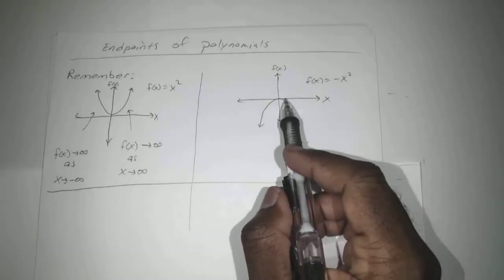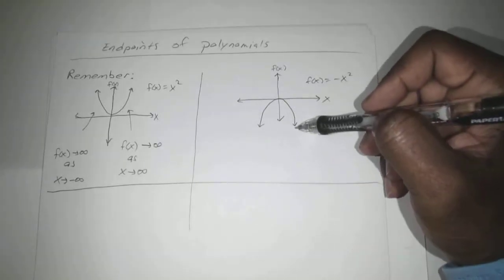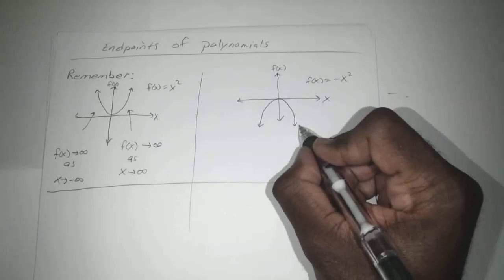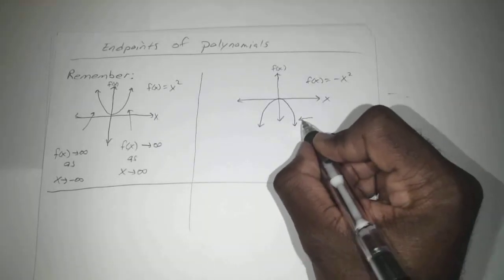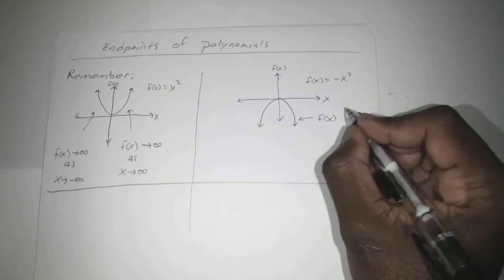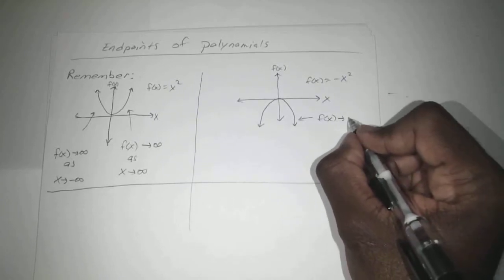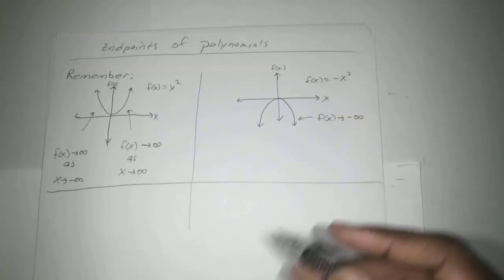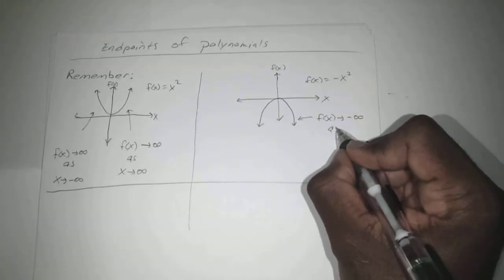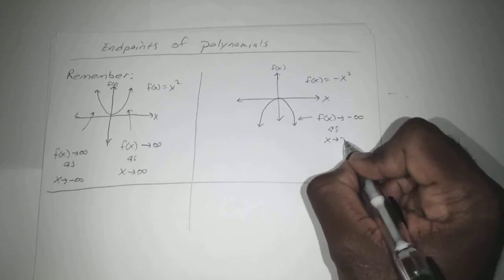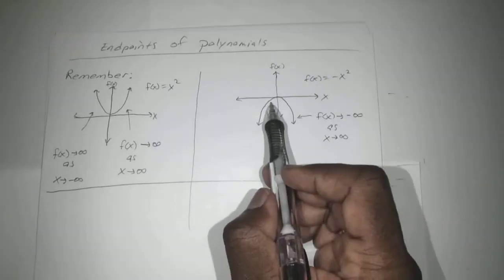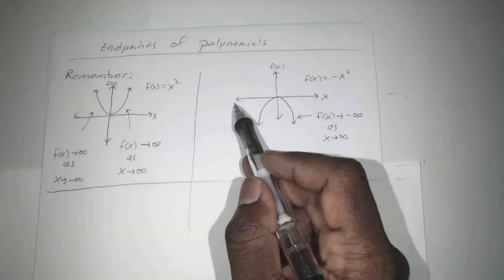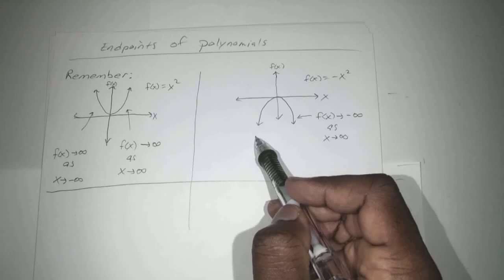Okay. So we see as x gets bigger and bigger and bigger, this side goes down and to the right. So we know that for this side, f of x approaches negative infinity, because remember, it's just getting smaller and smaller and smaller as x approaches infinity. And as it's going to the left, you notice that your x, as it gets further and further to the left, it's getting smaller and smaller and smaller.